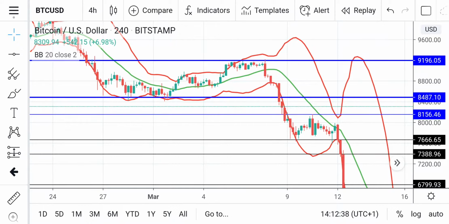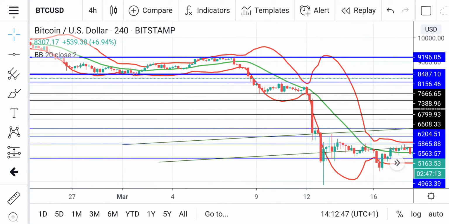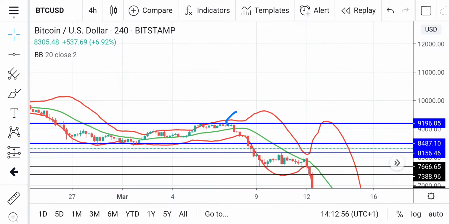As you can see, the price broke below the Bollinger Band over here, and it starts going lower up to this point. The price could have potentially also broken up and gone higher.